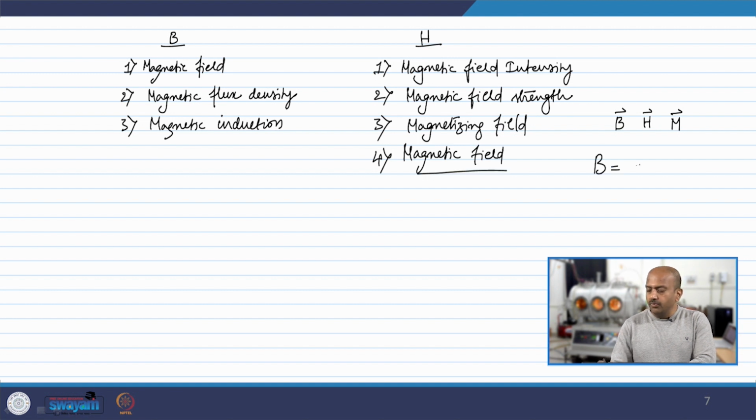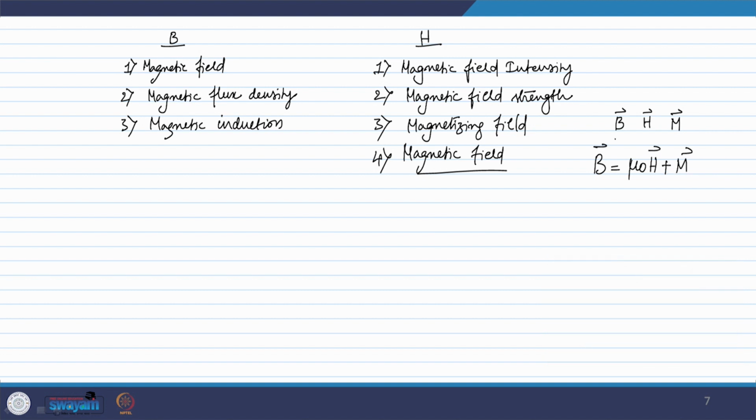And one relation which connects all of this: B is equal to mu naught times H plus M, right?